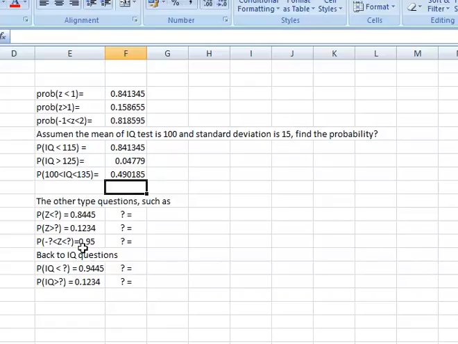So for the other type of question, suppose we know the probability z less than some number is 0.8445. What is the question mark? What's the z value?